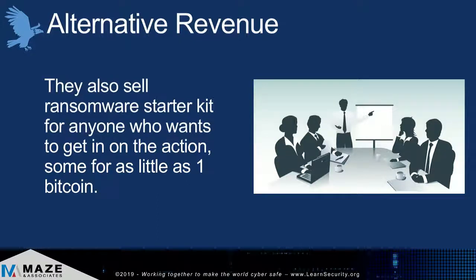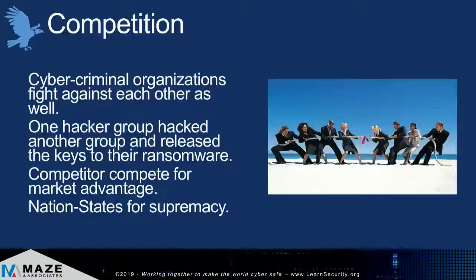Anyway, that gives you an idea of their motivation. There is competition between cybercrime organizations. We talked about that. There's competition between nation states too, different nation states trying to break into different systems.